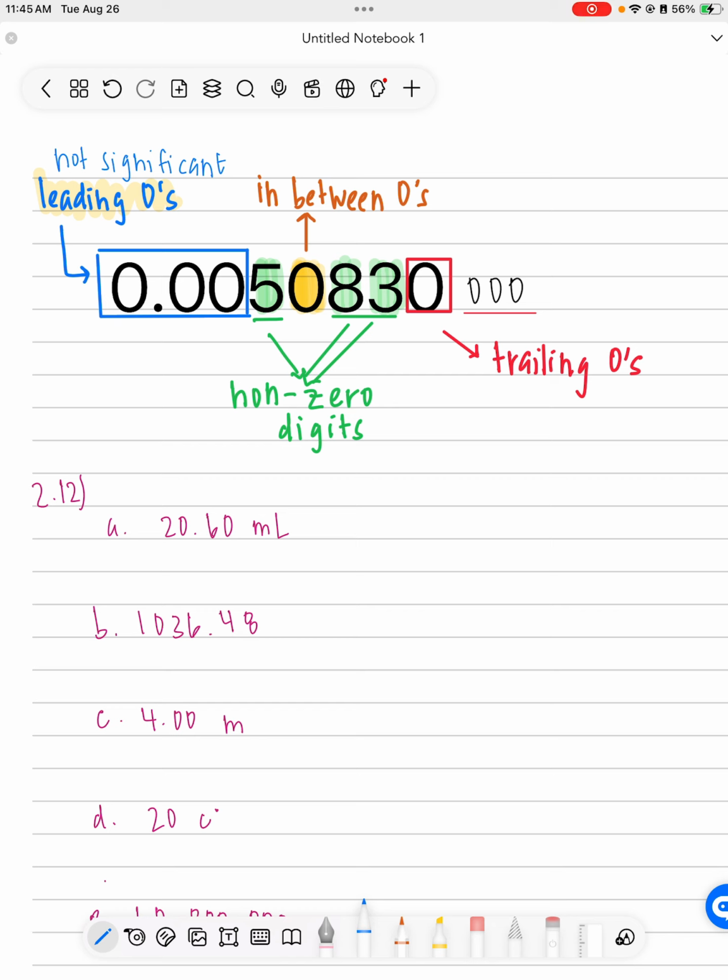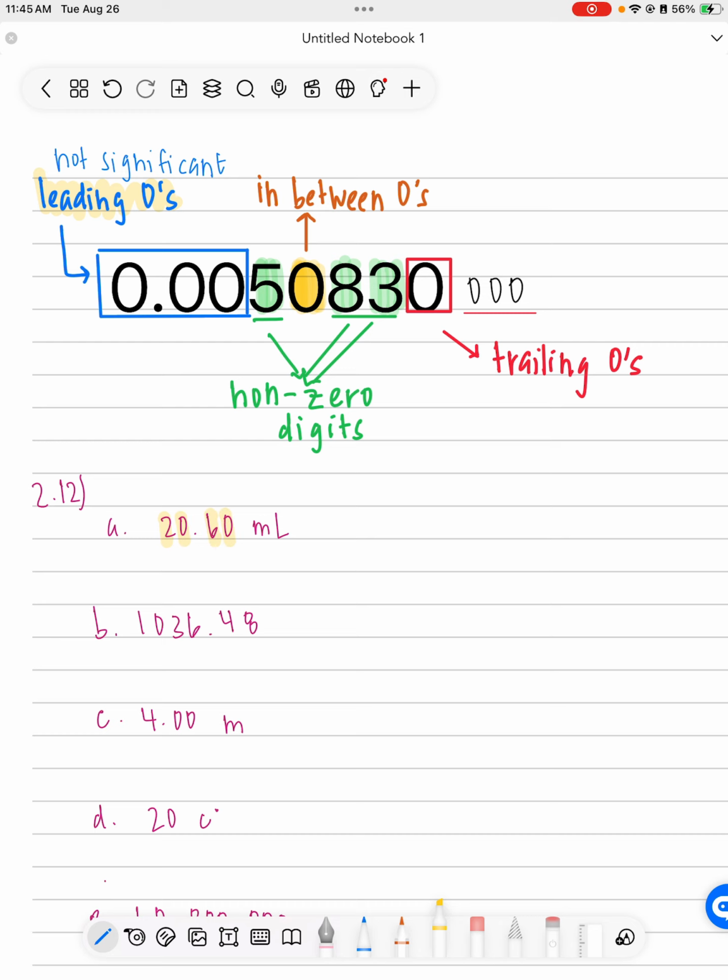All right, so A, we have the number 20.60 milliliters. Do we have any leading zeros? We do not. Every other number is significant, so let's use a highlighter. We have this number, 1, 2, 3, 4.